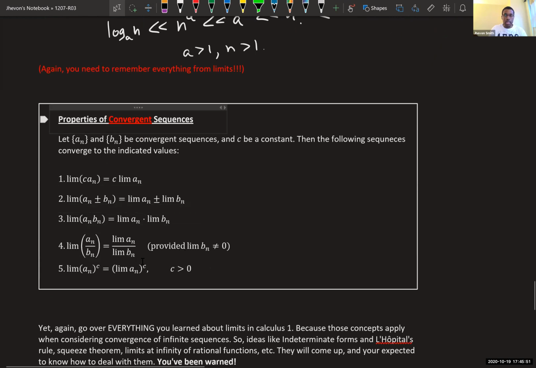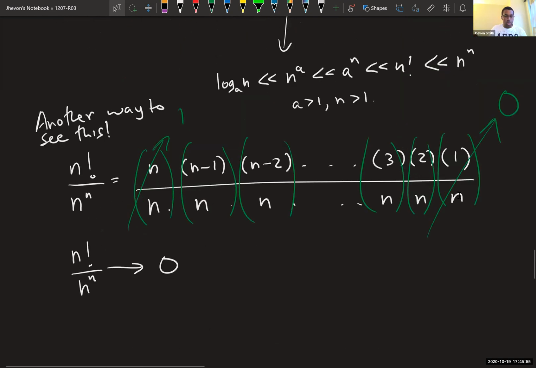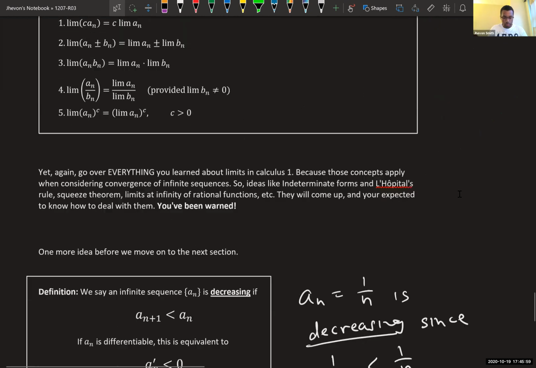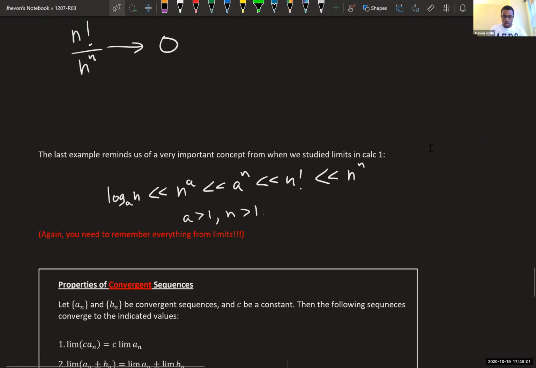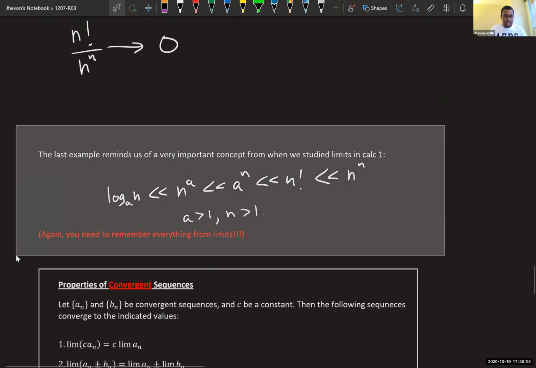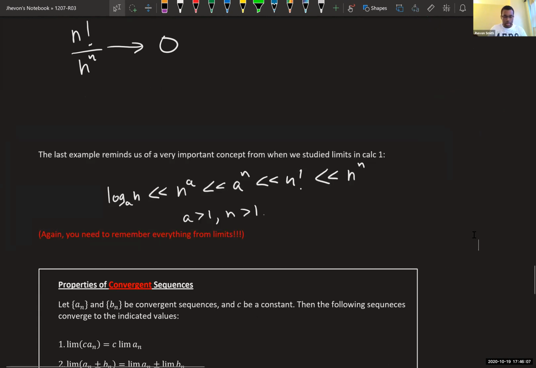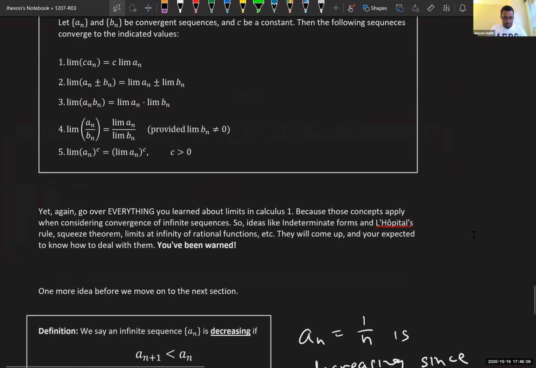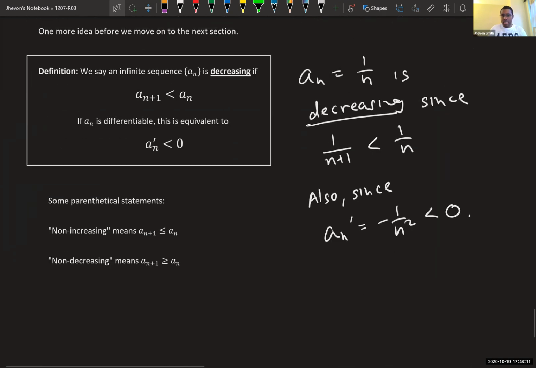They follow these properties. Basically, the nice properties that you remember from limits. Limits were very nice in Calc 1, and the sequences continue that tradition, at least the convergent ones do. We also, again, covered this important relationship from Calc 1, and hopefully we remember that. Yeah, so that was the recap.